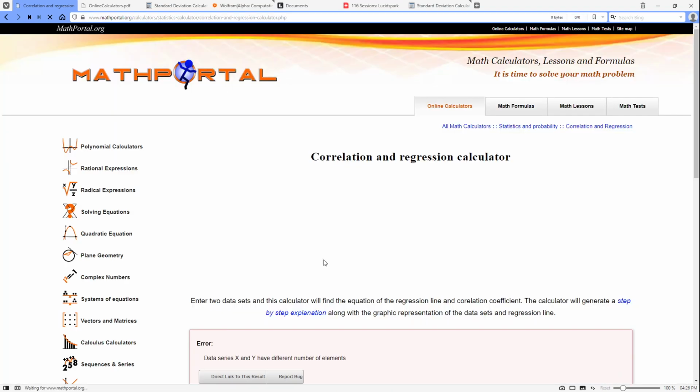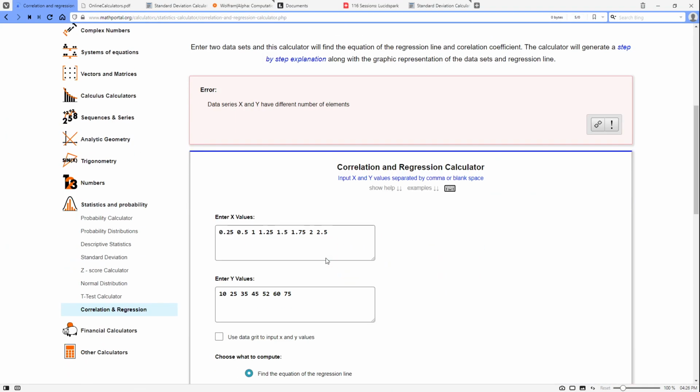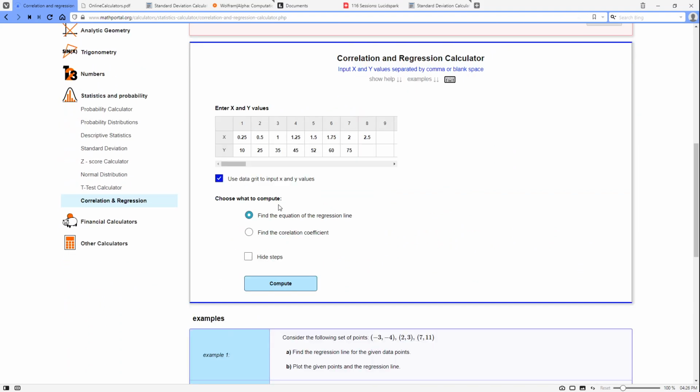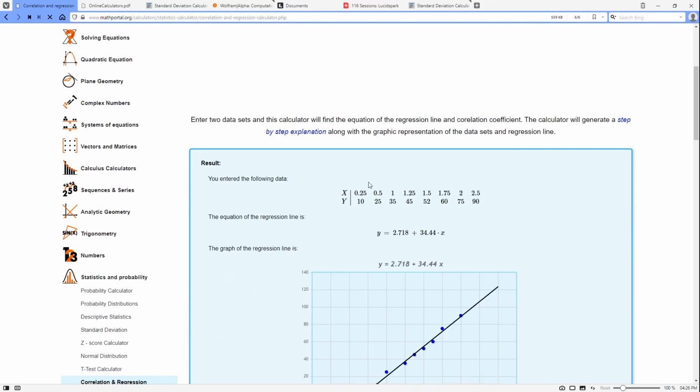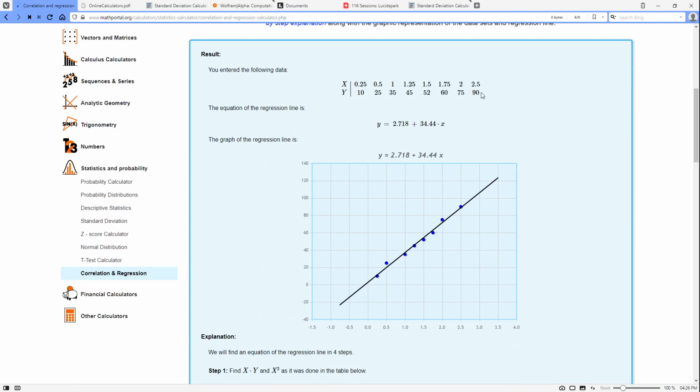We want to compute this. What did I do wrong? I didn't actually press enter. There we go. Compute.